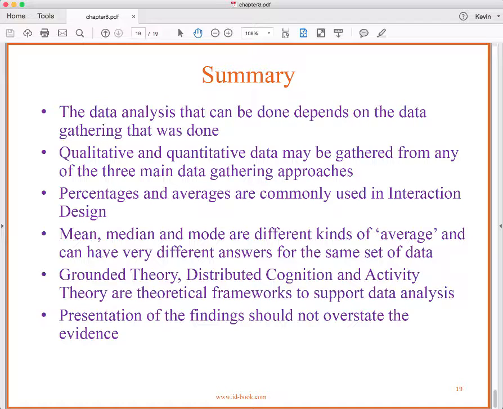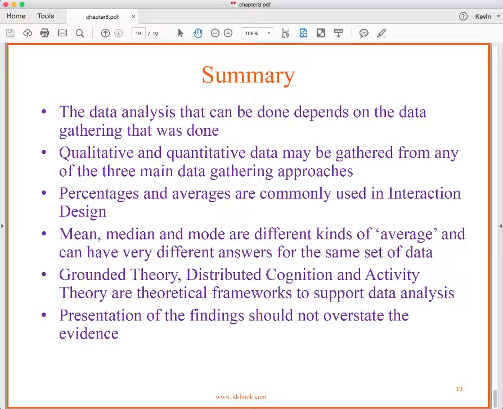Percentages and averages are commonly used in interaction design. These simple descriptive statistics of a quantitative sort are commonly used. The mean, the median, and the mode are different kinds of average. And then over on the qualitative side, we don't want to say, okay, we've come out of the quantitative side, now let's just be anecdotal.